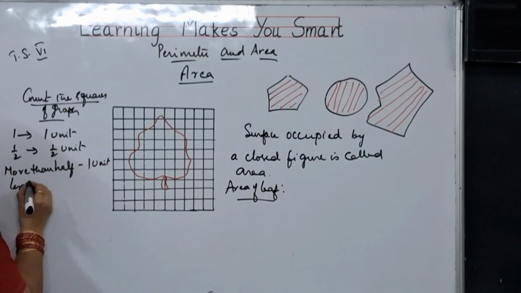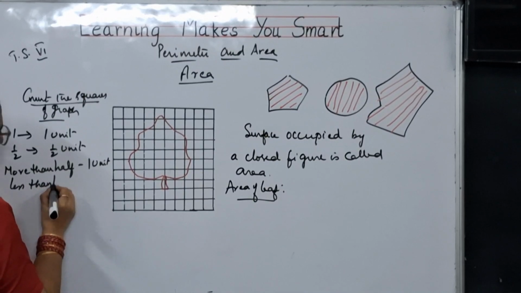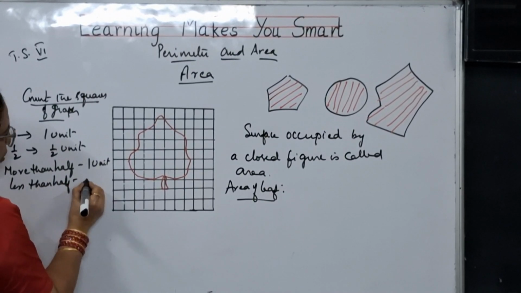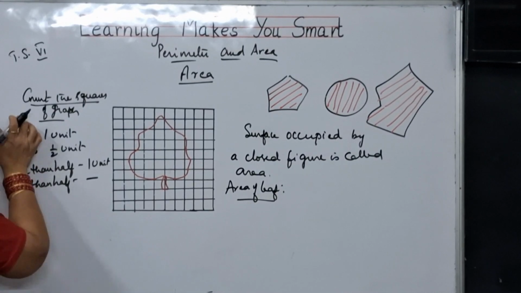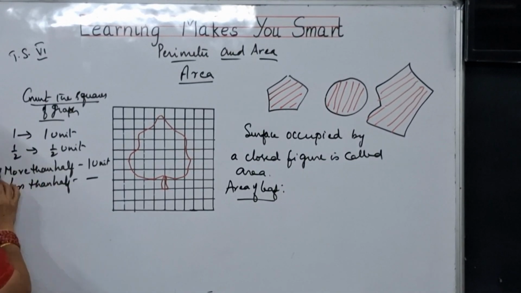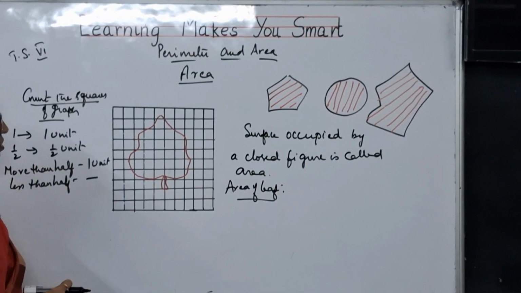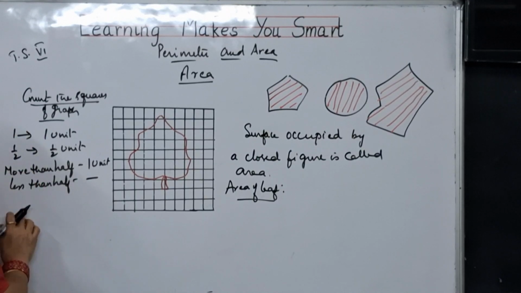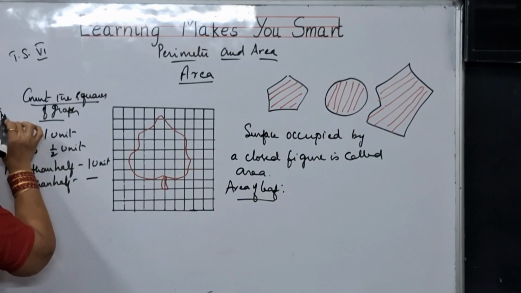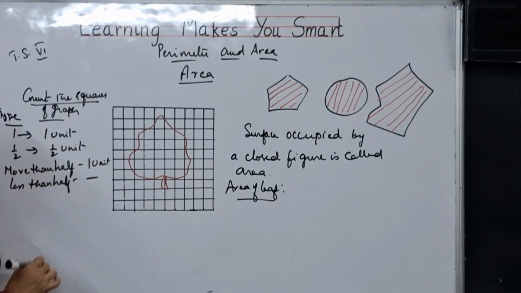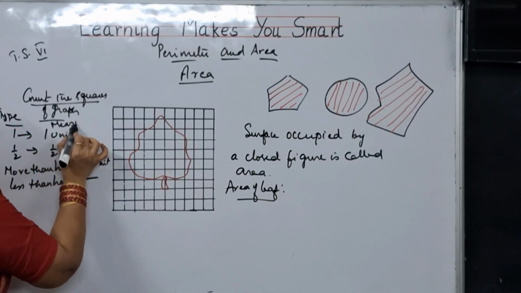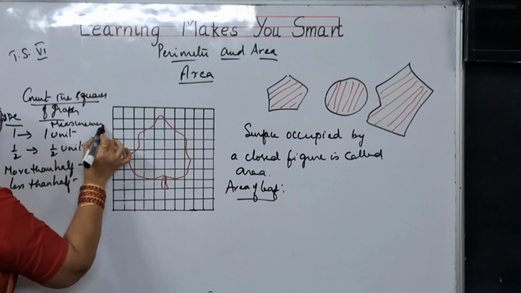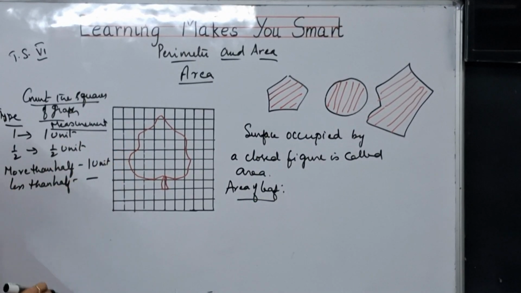If it is less than half, you don't consider it, no unit. So let us talk about the number of squares that it is occupying, and these are the measurements that you will be taking. In this way, you have to take the measurement.